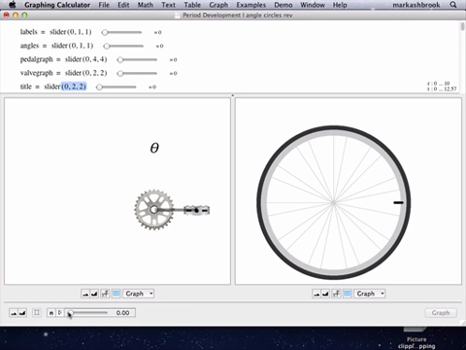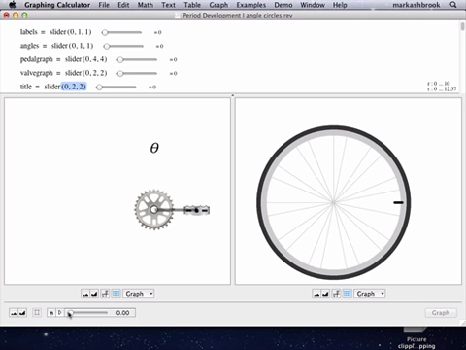Okay, page 288. So this is the scenario. For every 1 radian that the technician rotates the pedal, the wheel spins 4 radians. So for every 1 radian that they turn the pedal, the wheel spins 4 radians.